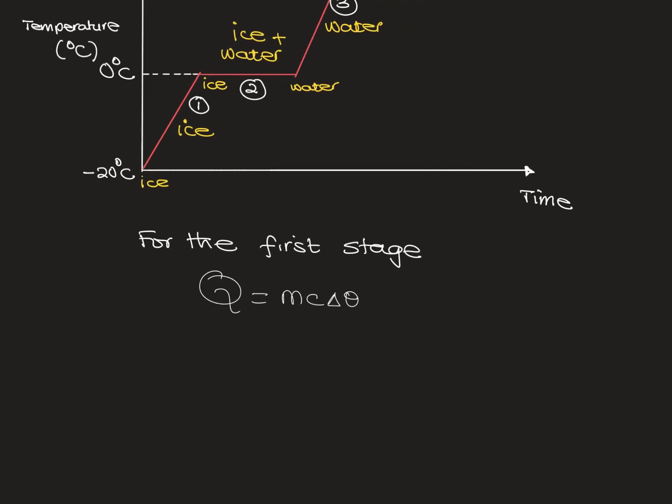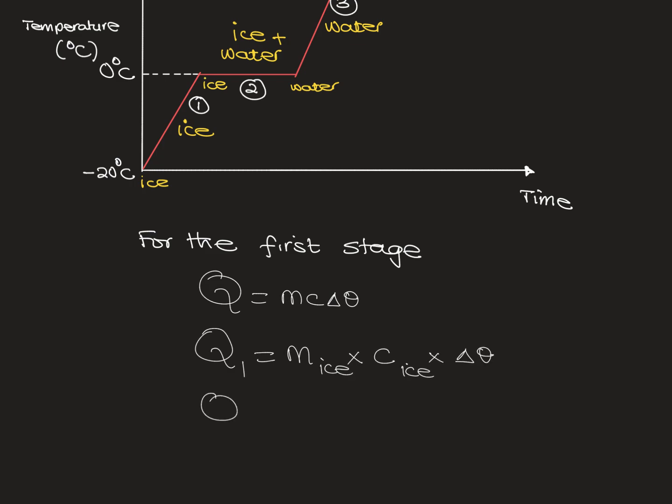But we are representing the first stage, so we will say Q1 is equal to the mass of the ice times the specific heat capacity of the ice times change in temperature.